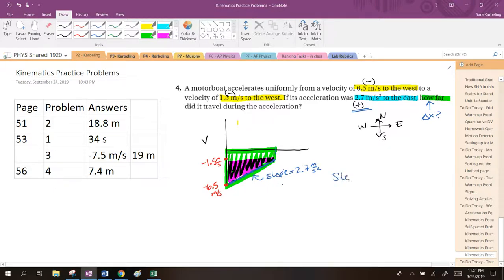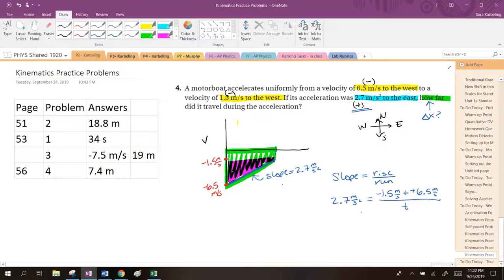We know that slope is rise over run. And we know that the slope is 2.7 meters per second squared. The rise is going to be final minus initial, right? So we're going to say negative 1.5 meters per second minus negative 6.5 meters per second over some amount of time, but we're not sure what that is.